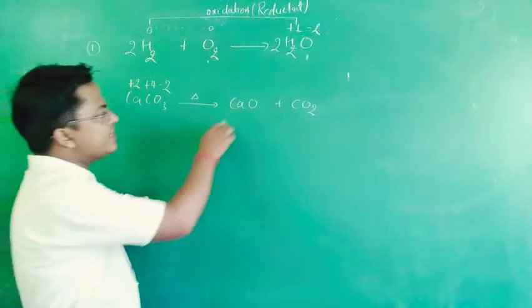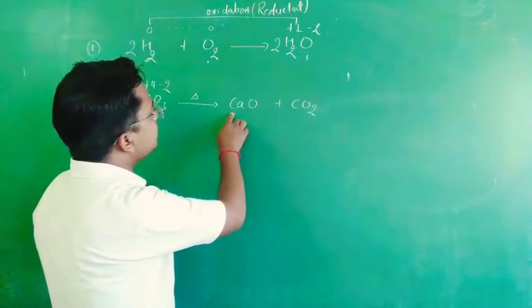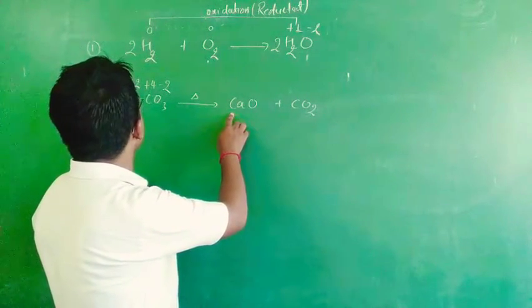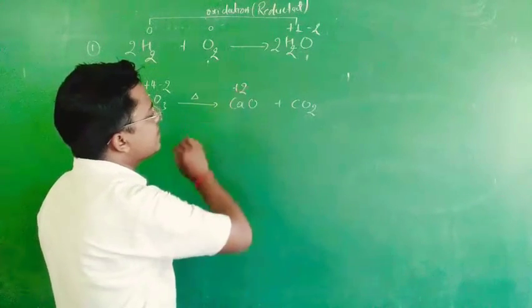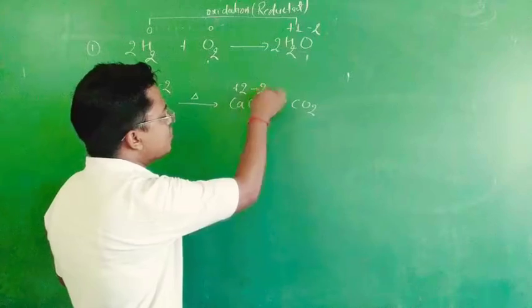Now in calcium oxide, +2 charge is here and oxygen -2.